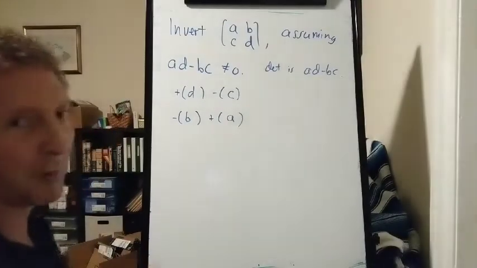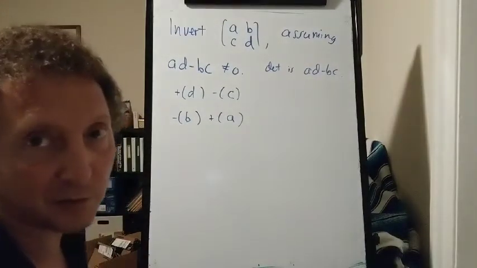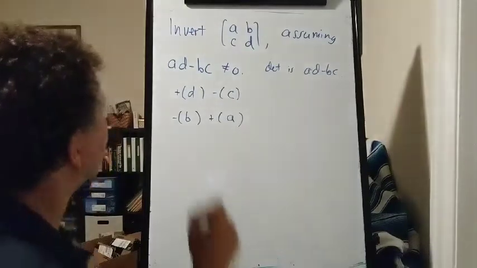So each time we're doing a 1 by 1 determinant, which is easy because we just copy down the one number there.